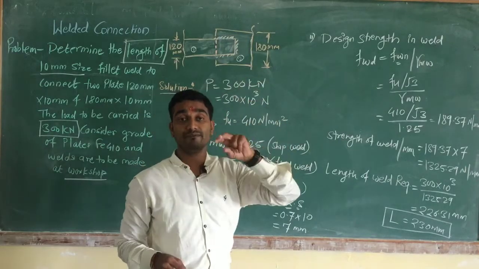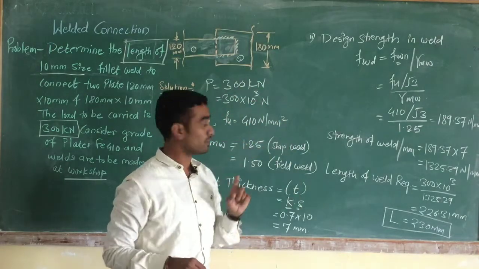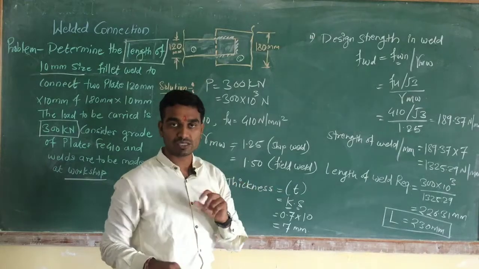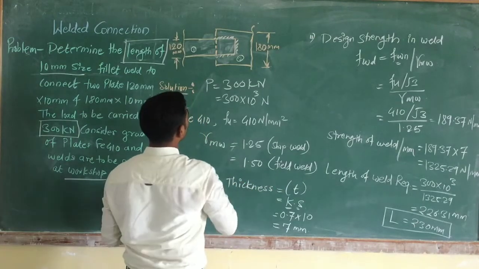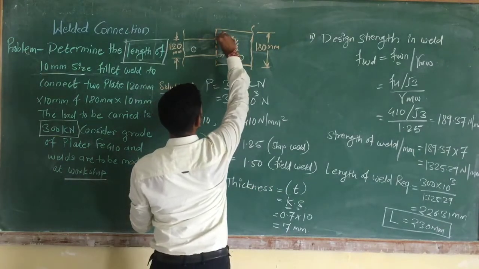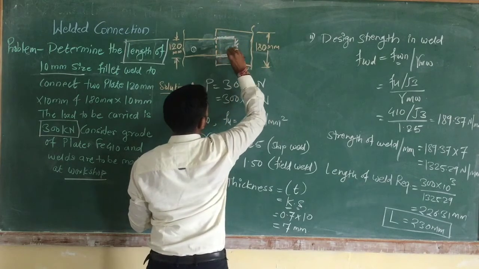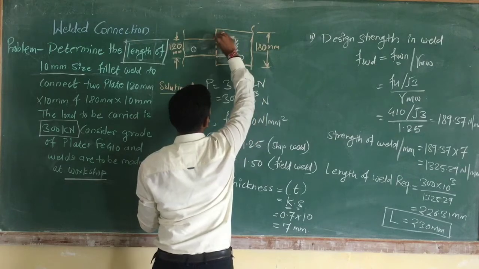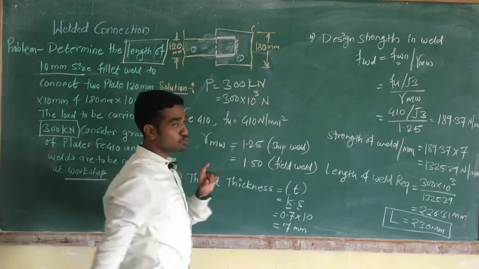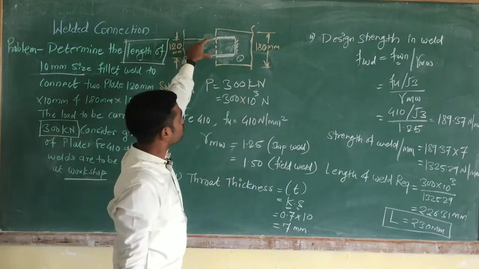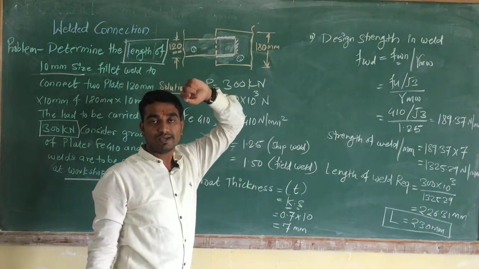For that we have two options. First option is, we will provide the length of the weld along these two sides only. Why is it so?